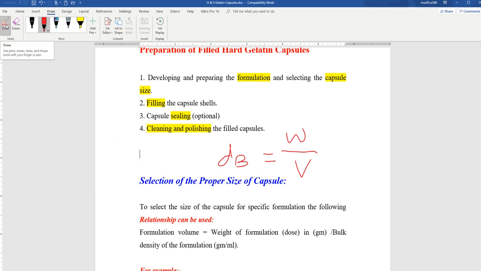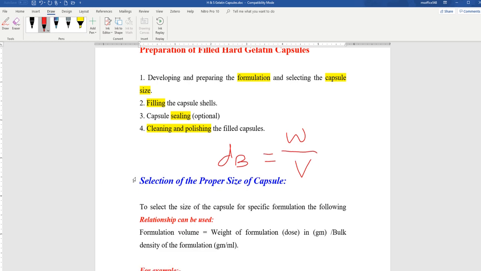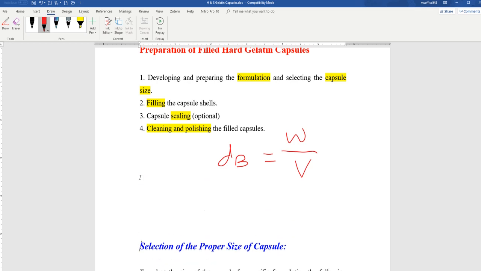Suppose you need to fill, let's say, half a gram of the formulation in each capsule.